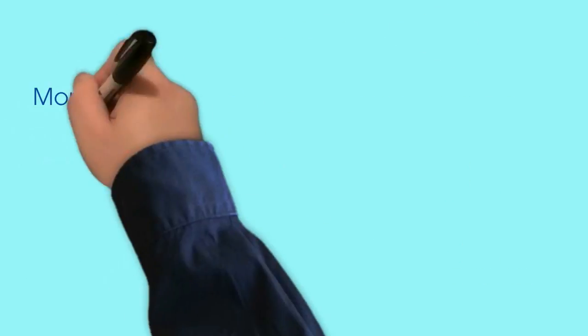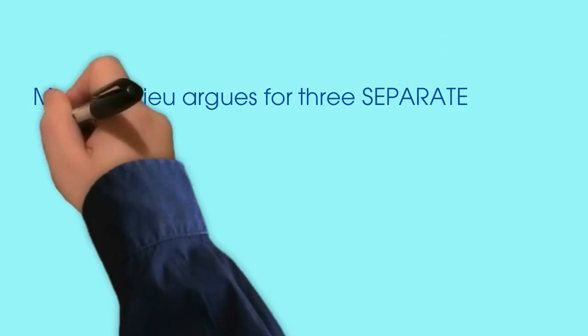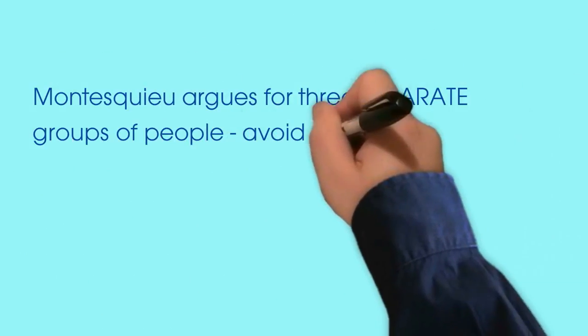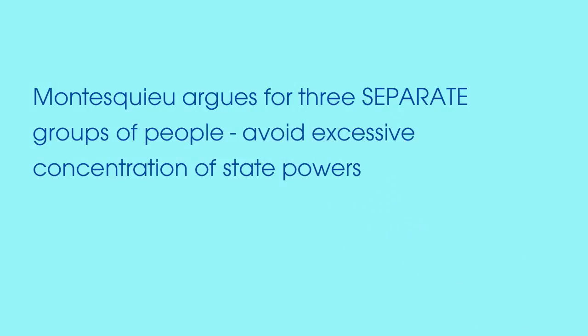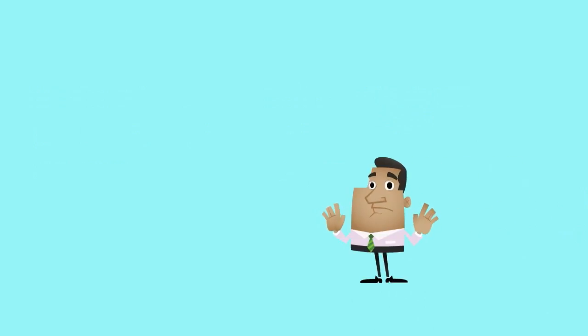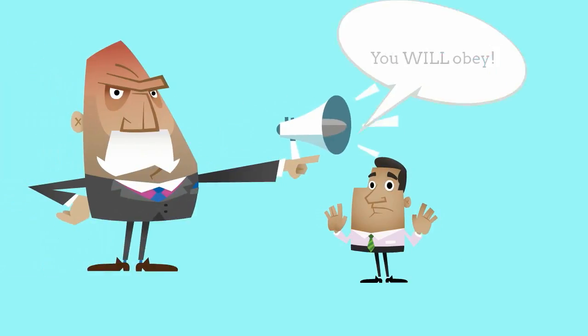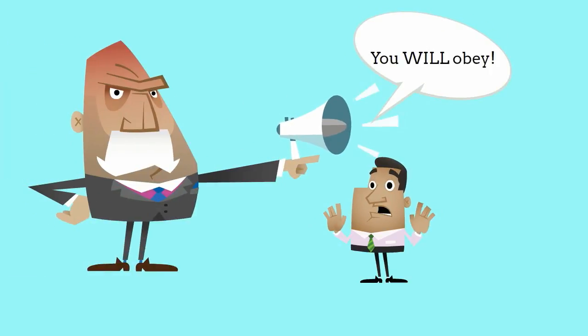Now, Montesquieu, a French 18th century philosopher, argued that legislative, executive and judicial powers should be exercised by different groups of people. This idea is known as the principle of the separation of powers. And the idea is to avoid the concentration of power into the hands of a single person or group.